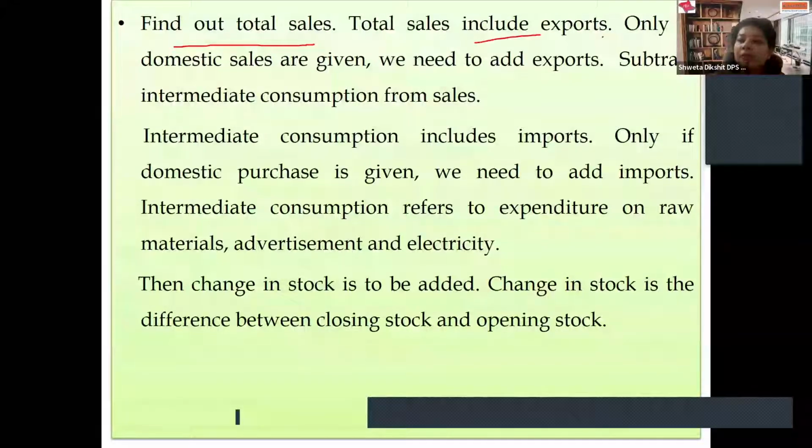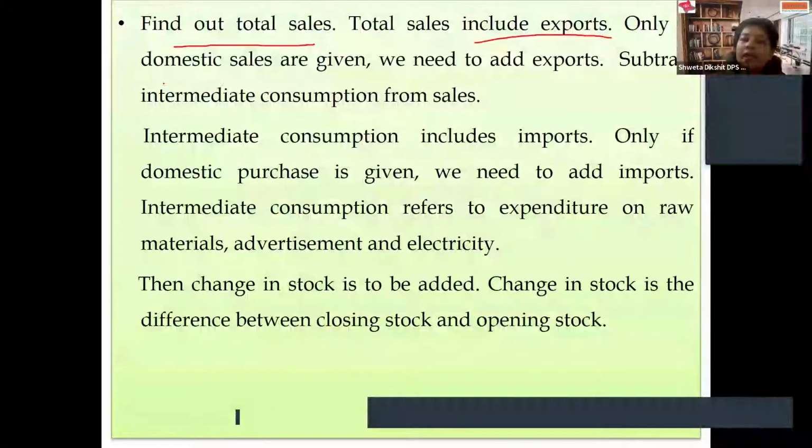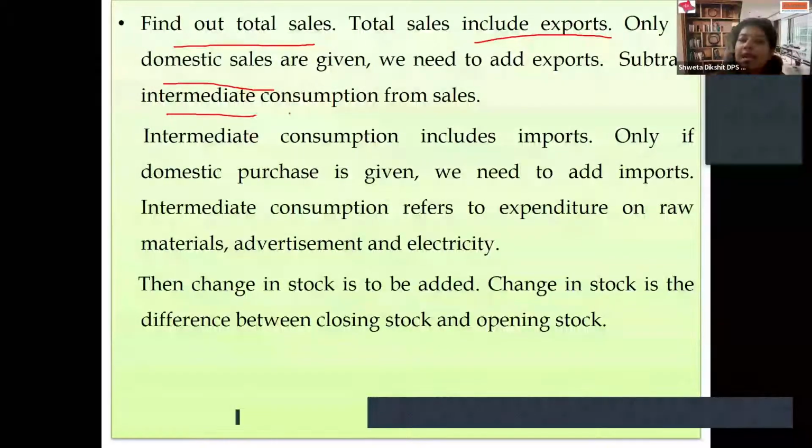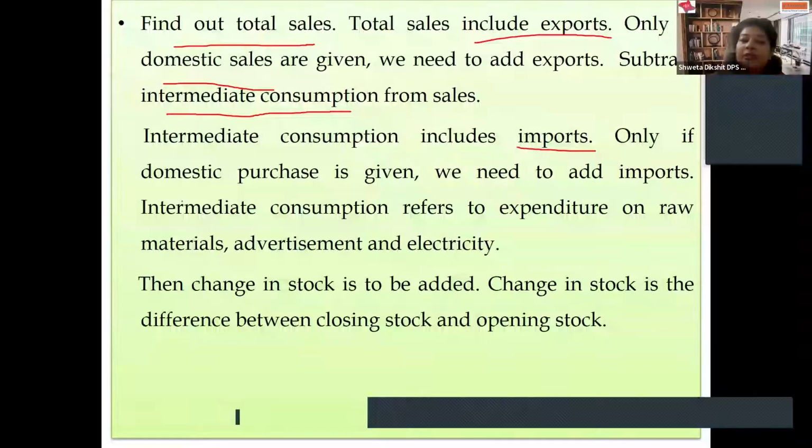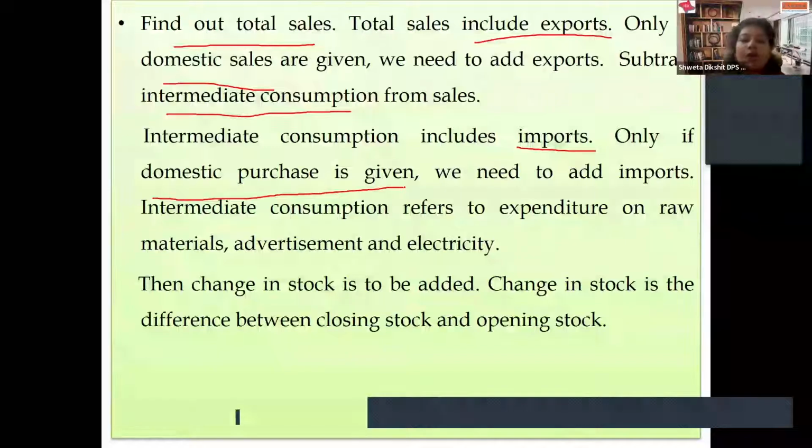Total sales also include the exports. Then it also has the value of domestic sales. After adding exports and domestic sales, the work is not done. Now we need to subtract the intermediate consumption. Intermediate consumption includes imports and also the domestic purchases. Domestic purchases of what? Domestic purchases of raw materials, as I shared with you in the last slide.